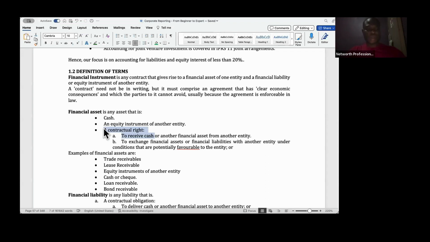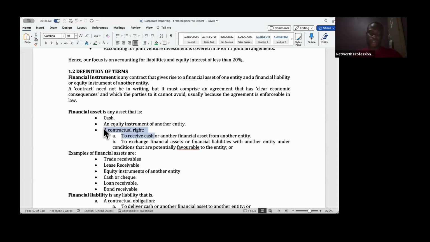For example, the Nigerian government recently issued some treasury bills. If you had bought some of those treasury bills, automatically you have a contractual right to receive cash because the government would have to give you interest. They would also give you your principal at maturity, and it's fixed. You know when you're going to collect what. So typically, that gives you a contractual right to receive cash.